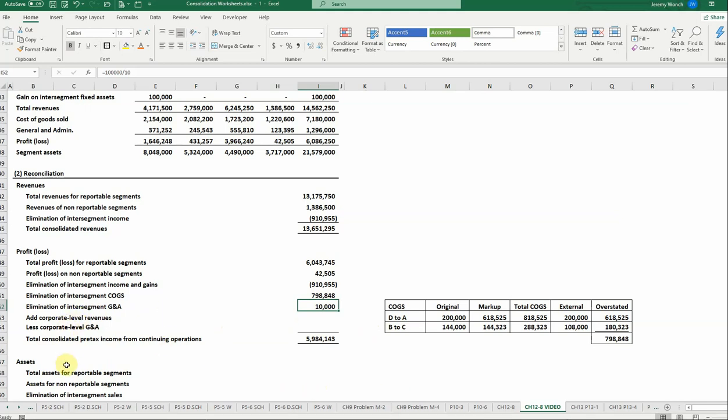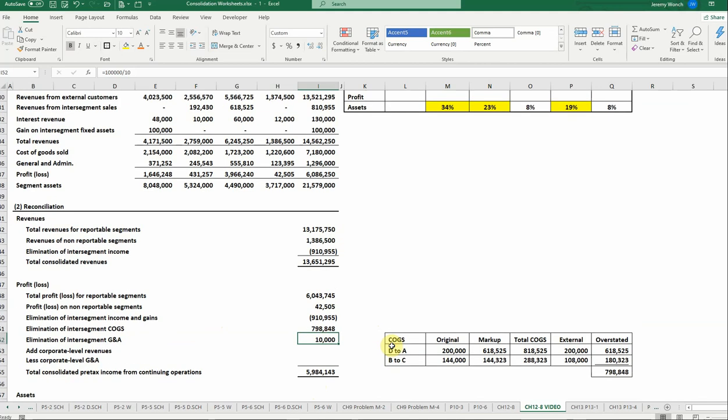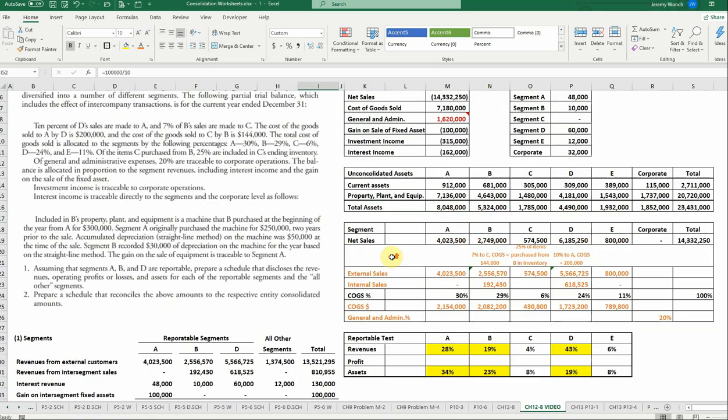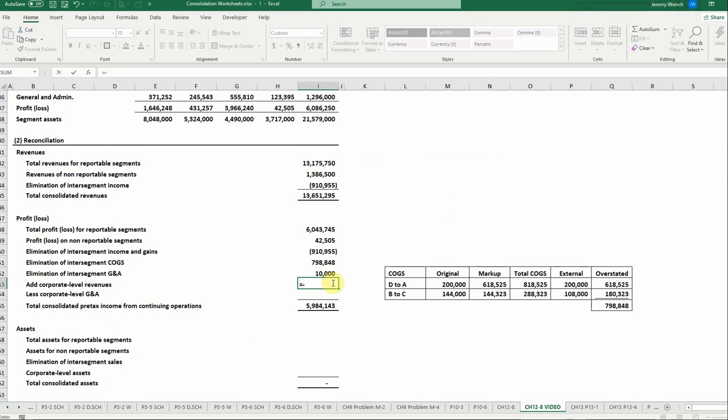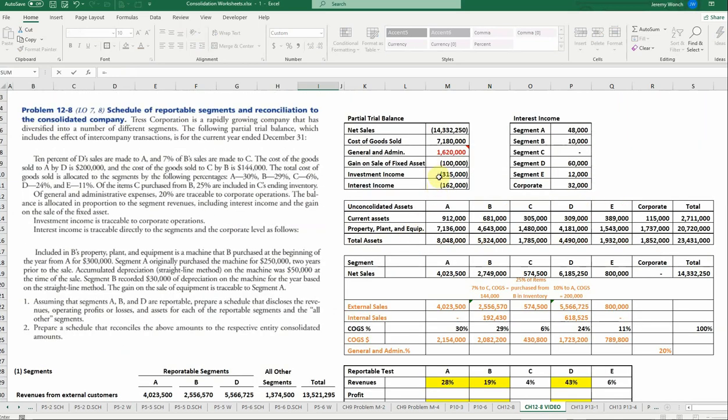The next line is to get to our consolidated profit. We need to include the corporate level revenues. It says that all of the investment income is corporate related, and we also have corporate level interest income of $32,000. So that's going to be our investment income and the interest income.